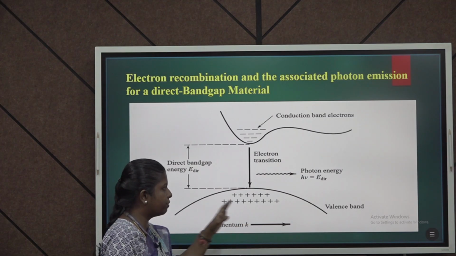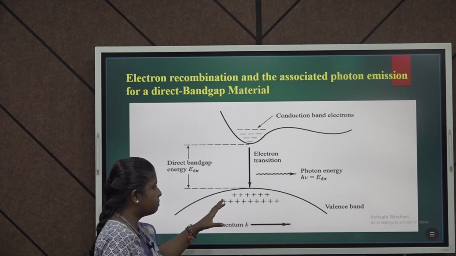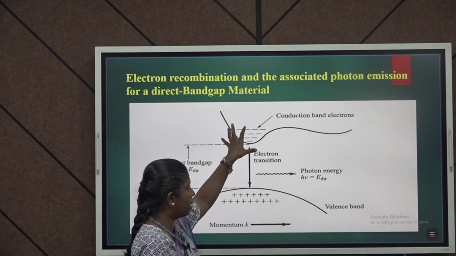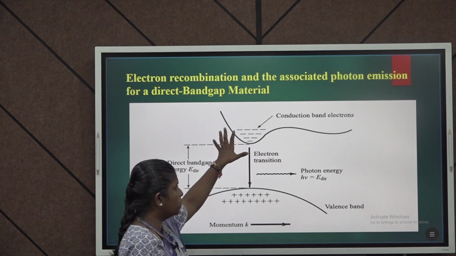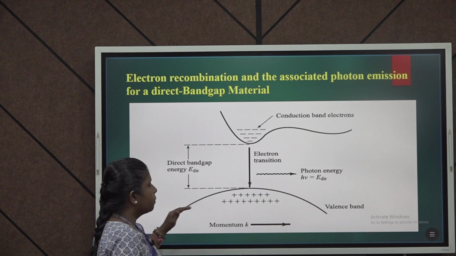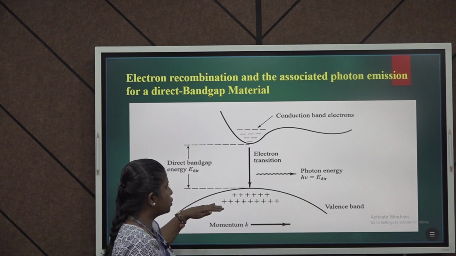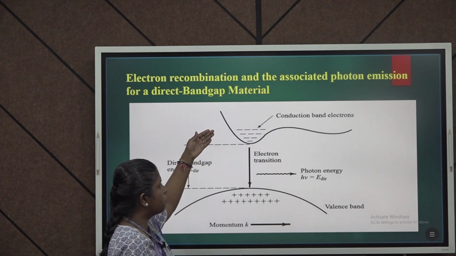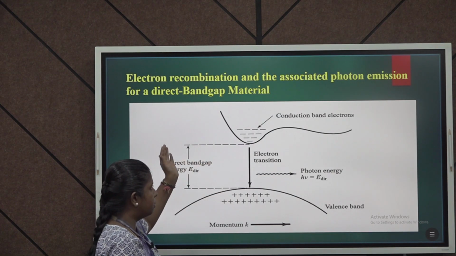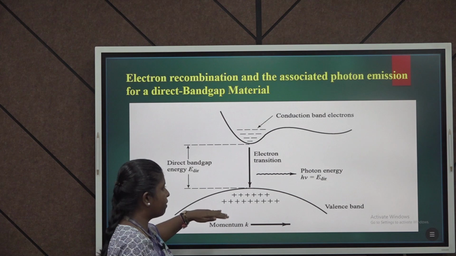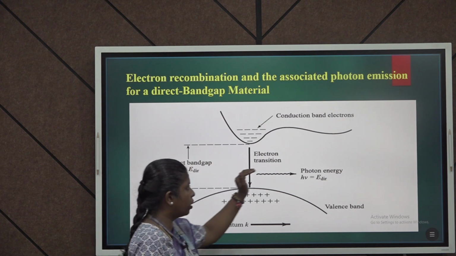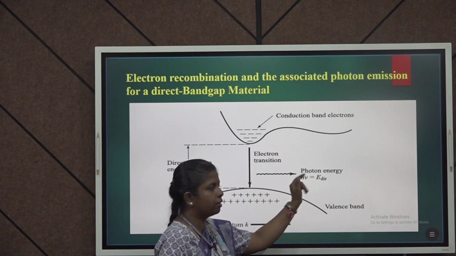Here it shows the valence band, where the electrons are the major carriers, the conduction band here, and here we have holes. When external energy is applied, the valence band electrons tend to move from the valence band to the conduction band. Based on this movement, there is an electron transition from the valence band to the conduction band, and the emission of photon energy is created.